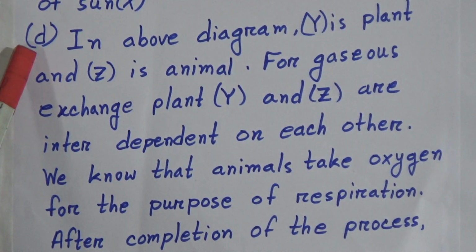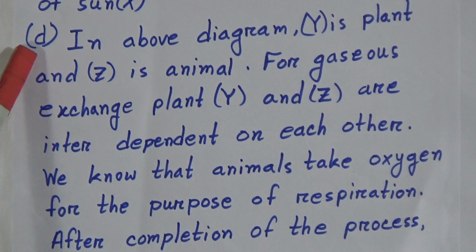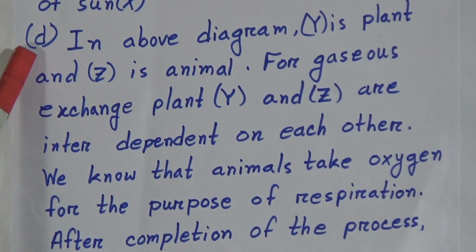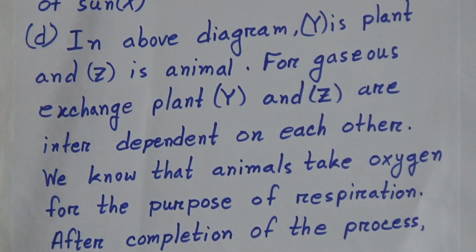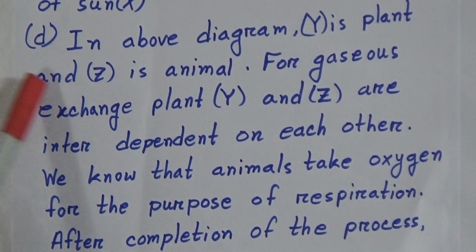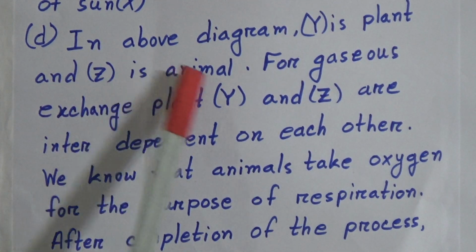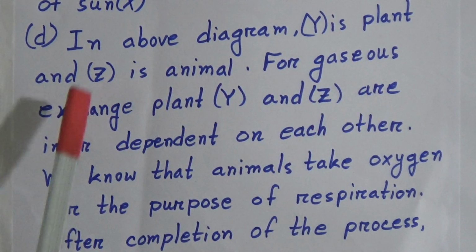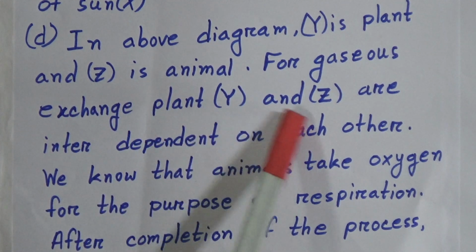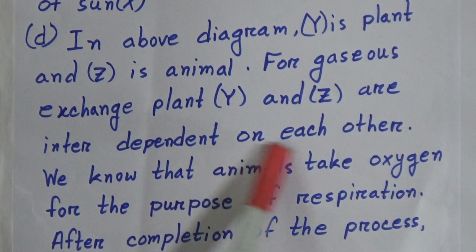Now D number answer. Question was, for gaseous exchange, how Y and Z are interdependent on each other? Write with arguments. Answer is, in above diagram Y is plant and Z is animal. For gaseous exchange, plant Y and animal Z are interdependent on each other.